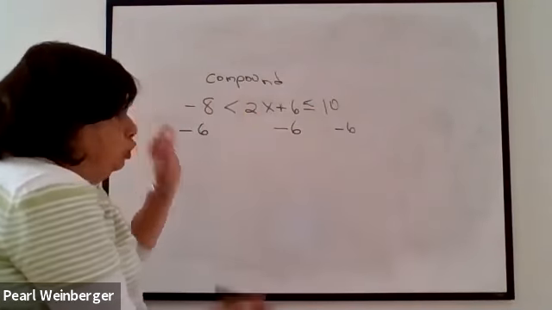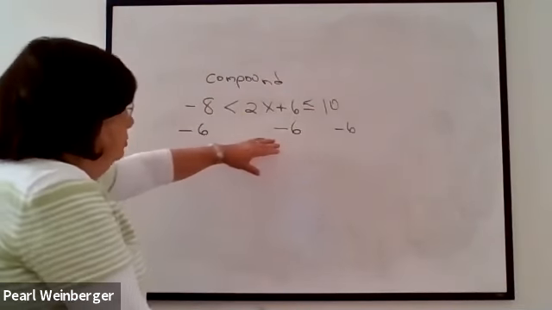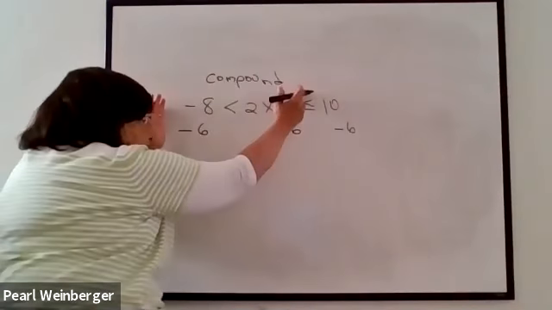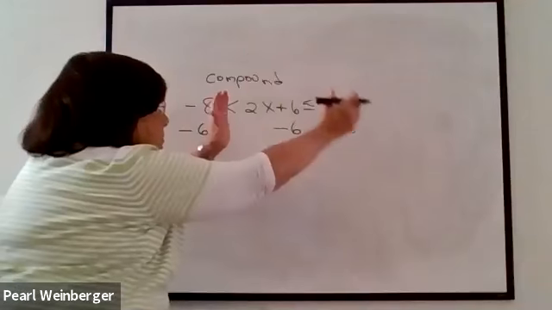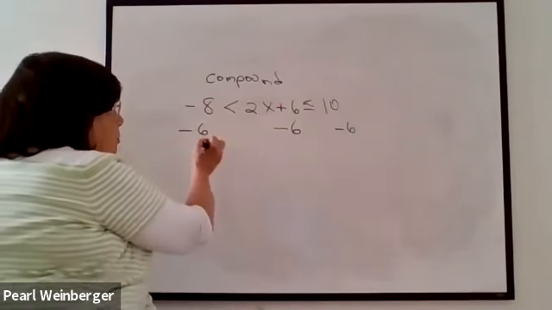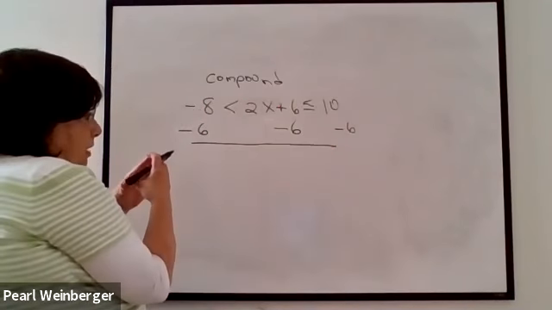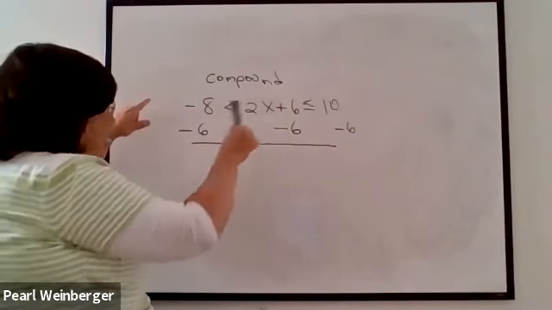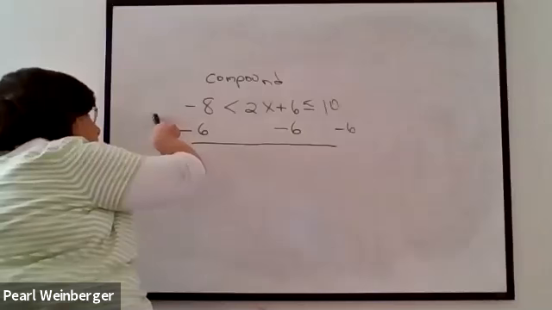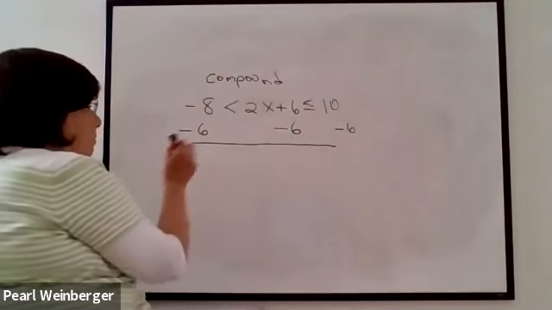I'm doing two examples at the same time. That's why it looks a little strange and I have 3 of these, but I'm really doing this problem at the same time I'm doing this problem, because the steps involved for both of them are the same. If you're using the transposition method, you have to put a -6 on the left and also on the right.